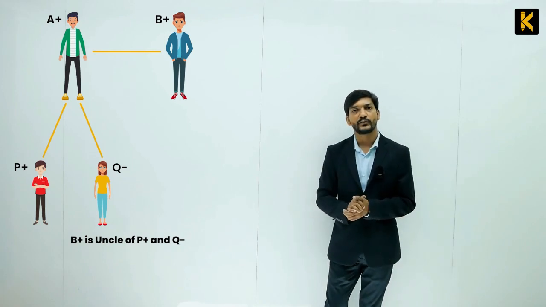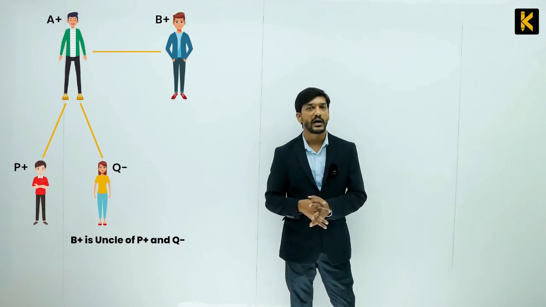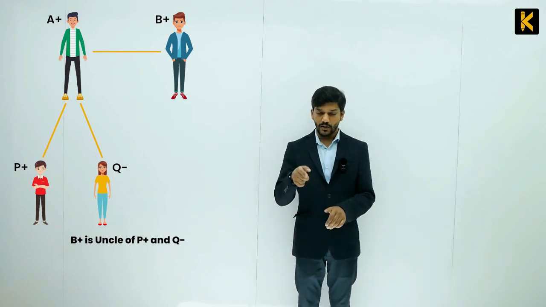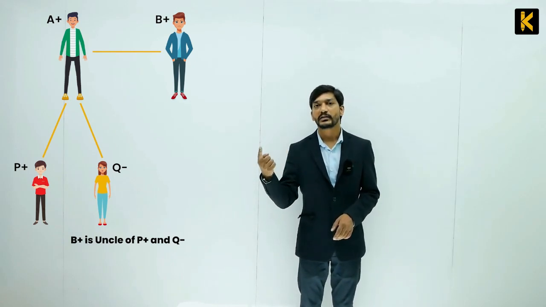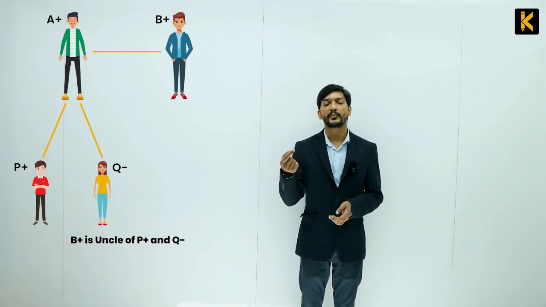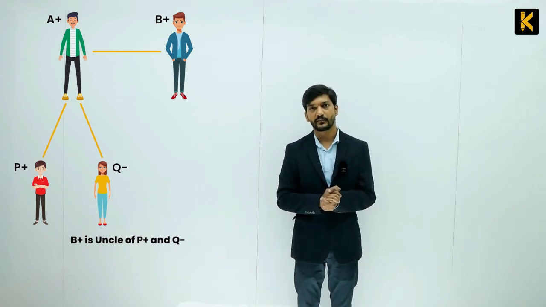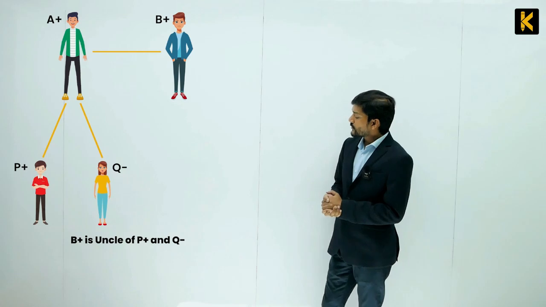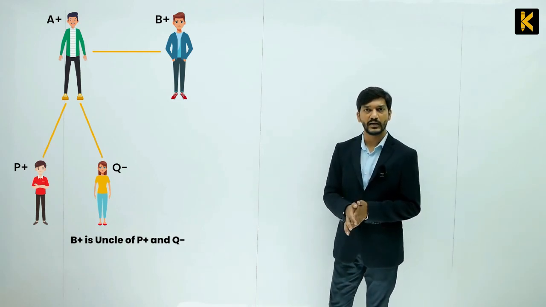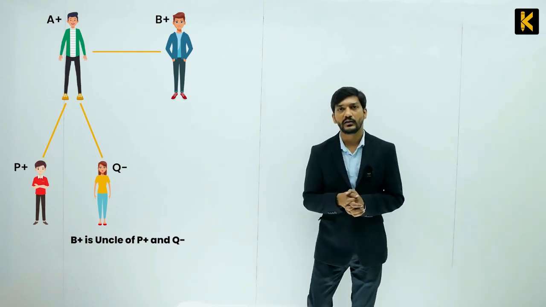Similarly, your mother also will have a sister and brother. Your mother's brother will be your uncle and your mother's sister will be your aunt. So this B person will be the uncle.